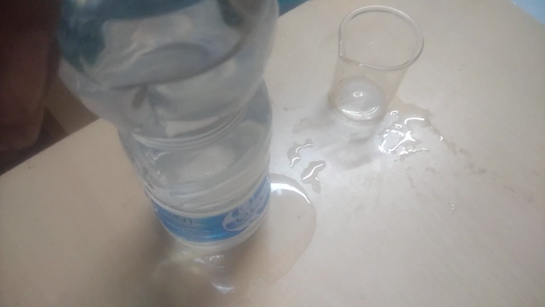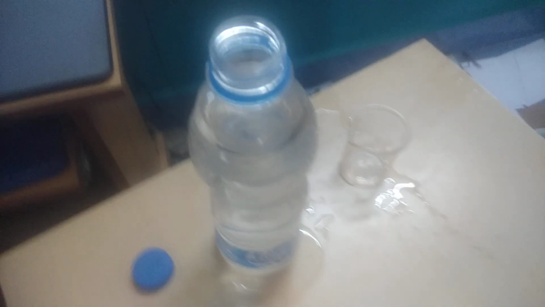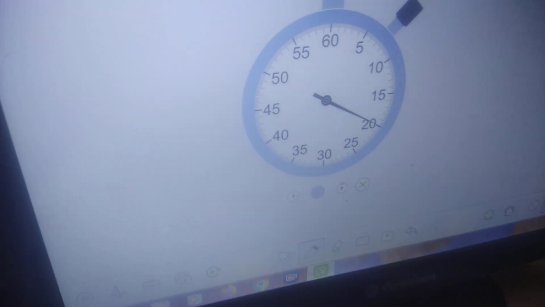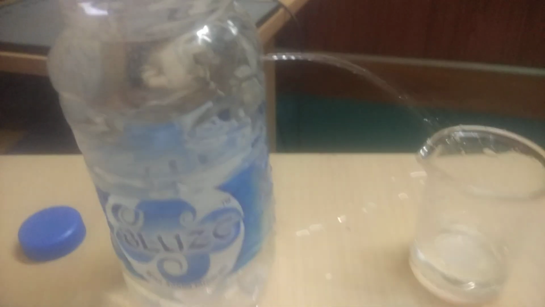One of my friends is starting the stop clock. Here you see, we have already started the stop clock. It is running, and this is the flow of water into the beaker.